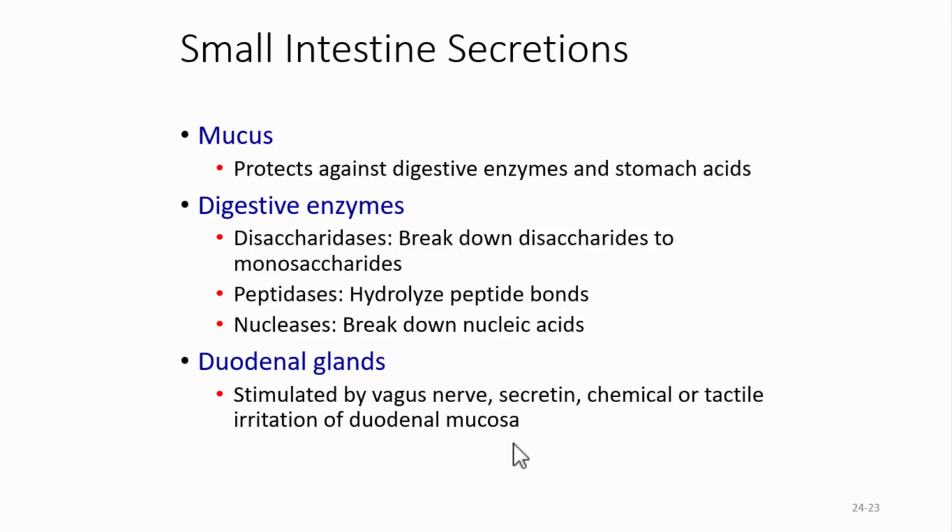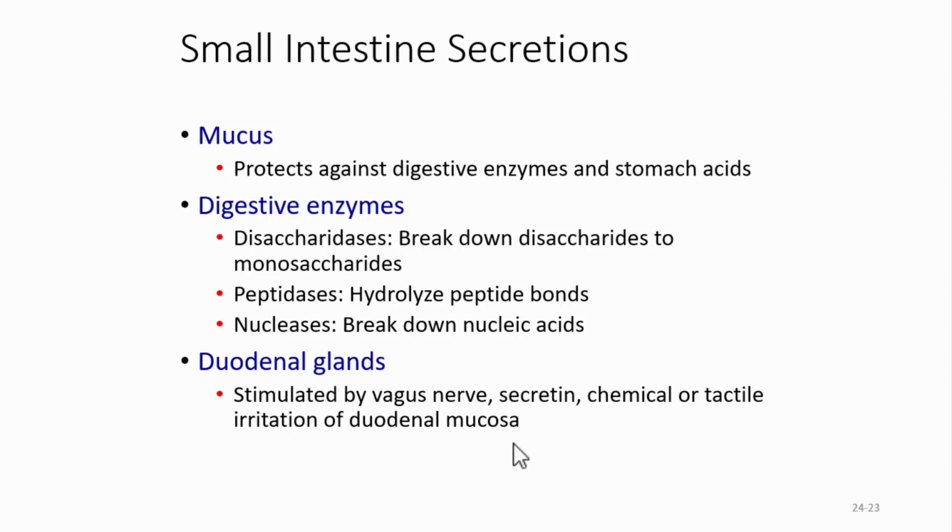The digestive enzymes, we have disaccharidases, and anytime you see ACE, remember that it's either an enzyme or a hardware store. In this case, it's an enzyme. Okay, they're spelled differently. But anyway, the disaccharidases help to break down disaccharides into monosaccharides. And those monosaccharides are what we're going to utilize for energy.